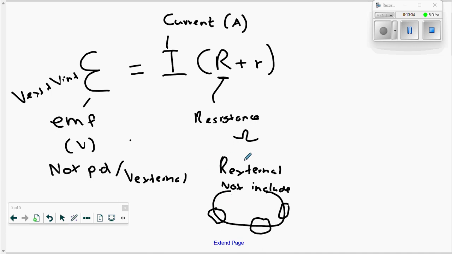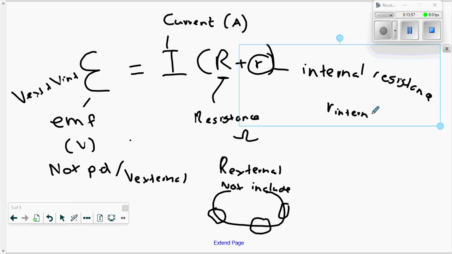So make sure big R is the external resistance that the circuit is experiencing with all the resistors, not including the internal resistance. This baby R is the internal resistance. So it's R internal.